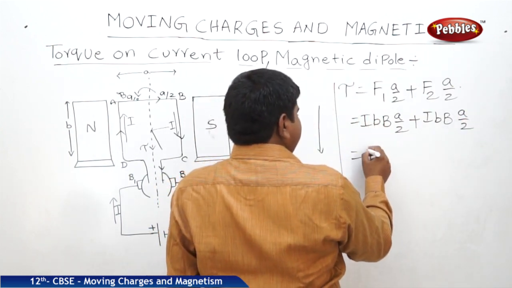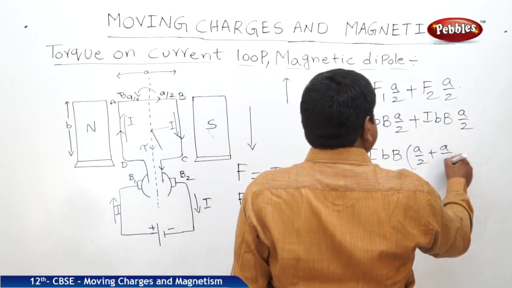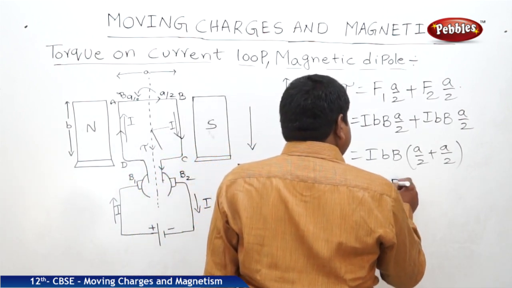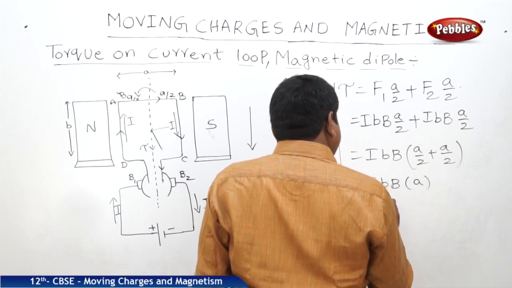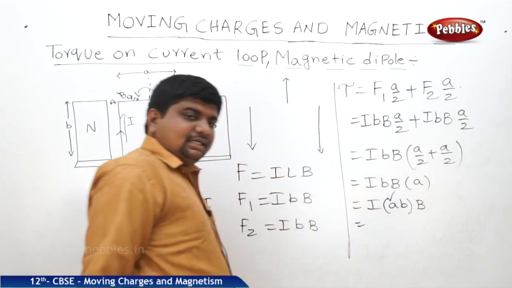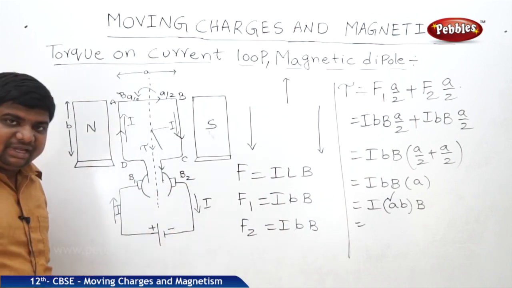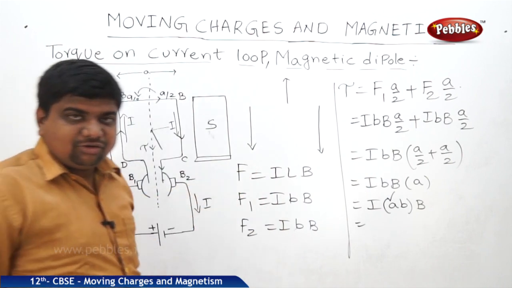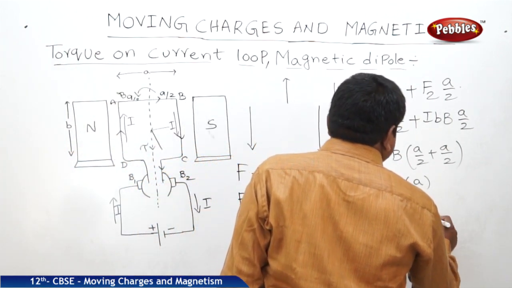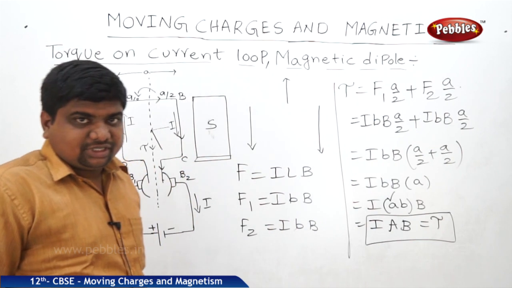If we take the common IBB, A by 2 plus A by 2 becomes 2A by 2, that is A. So IBB into A, therefore I into AB into B, where A is the breadth of this armature coil and B is the length of the armature coil. So A into B becomes the area. Therefore, IAB is equal to tau. This is a very important one.